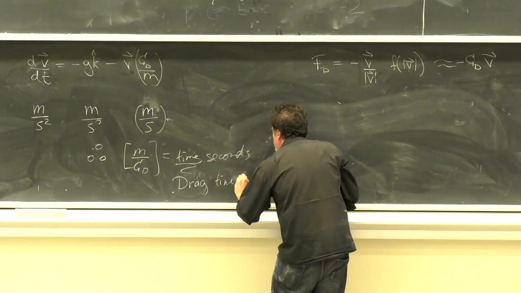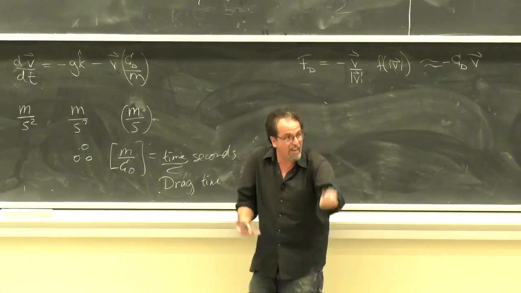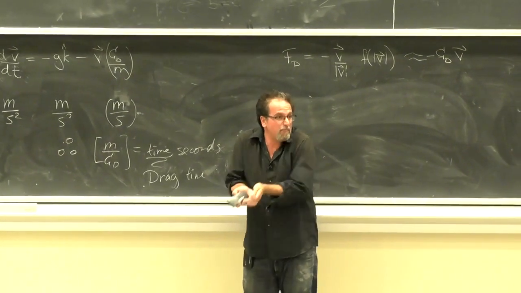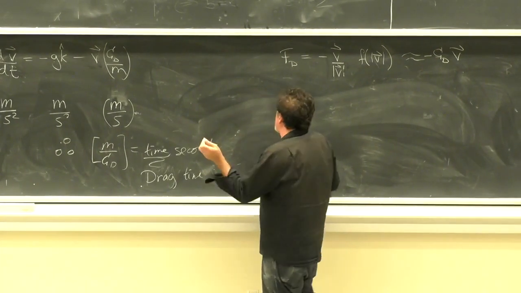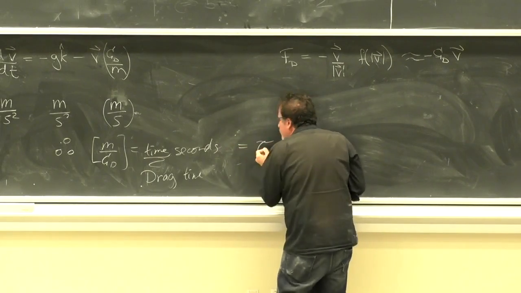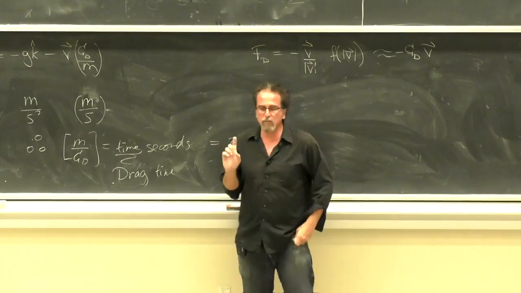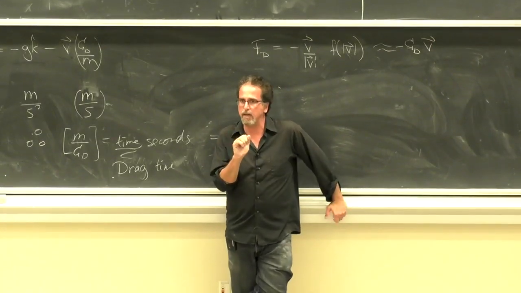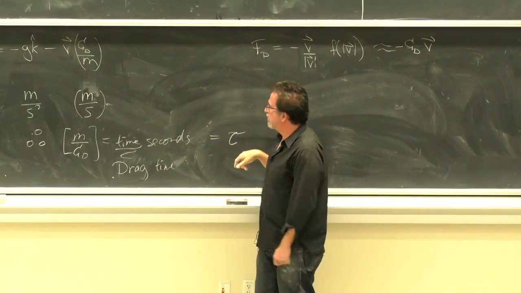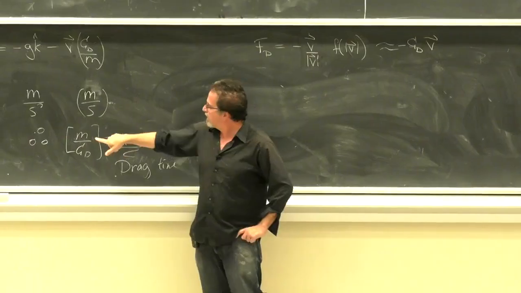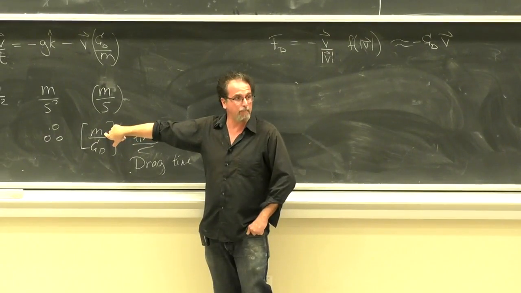And like I did before with L, I don't want to have A and B running around with me all the time. Let me just call this tau, the Greek letter tau. It's some number. Now, I want to tell you what the drag time is. The drag time gets bigger when the mass gets bigger.